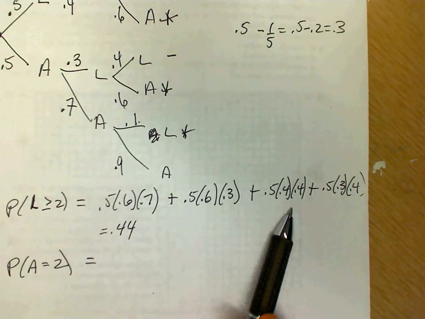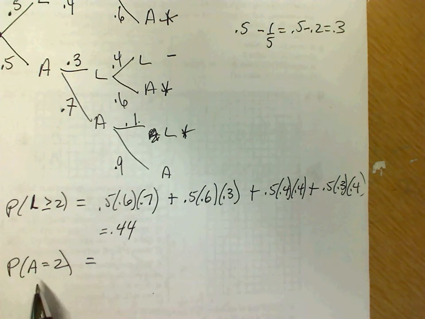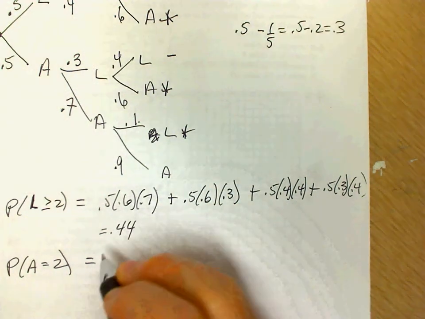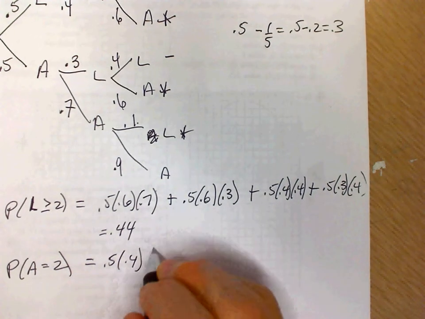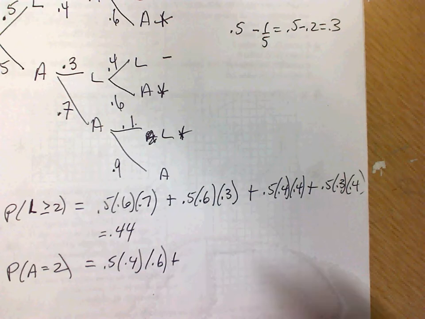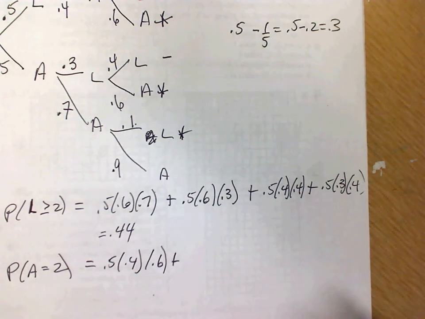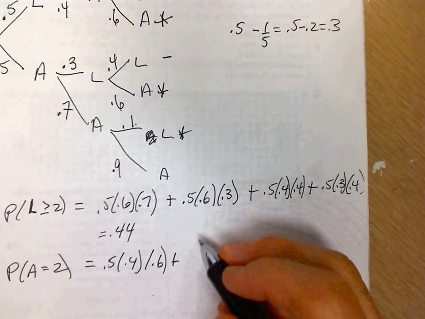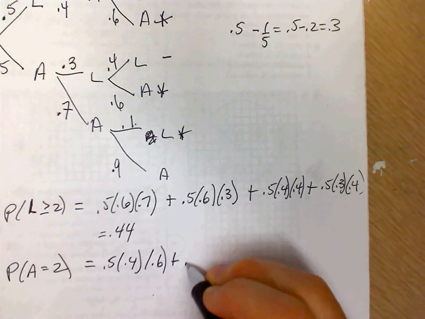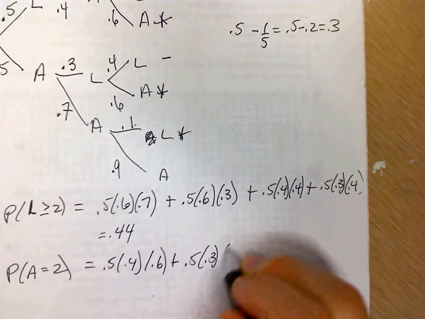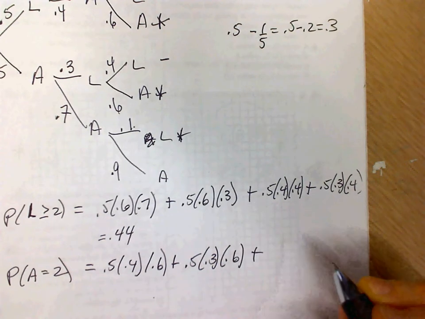So we've got 0.4, 0.6 plus 0.5, 0.3, 0.6 plus 0.5, 0.7, 0.1.